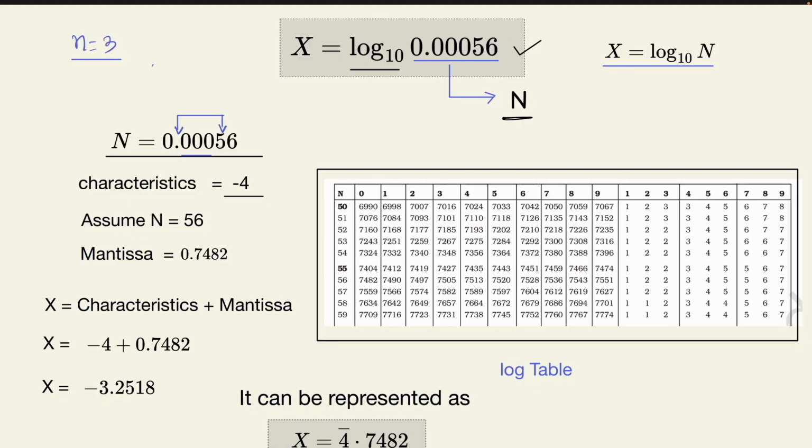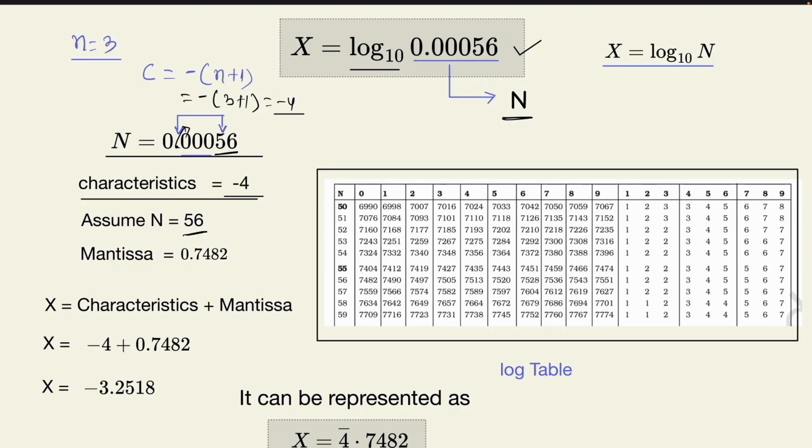If we have to find the characteristic, it's equal to minus n plus 1. Now n is equal to 3, so minus 3 plus 1 is equal to minus 4. So this characteristic is minus 4. Now we remove this decimal, so this number can be written as 56 without the decimal.